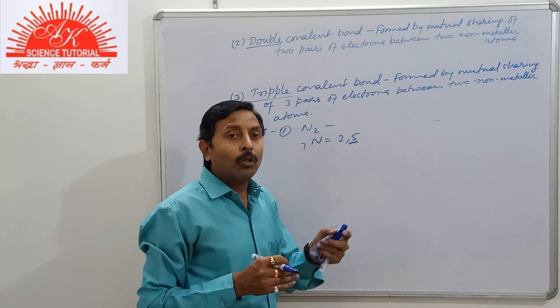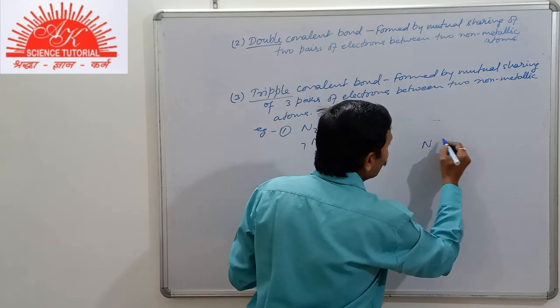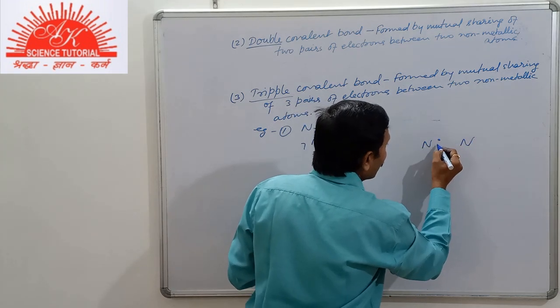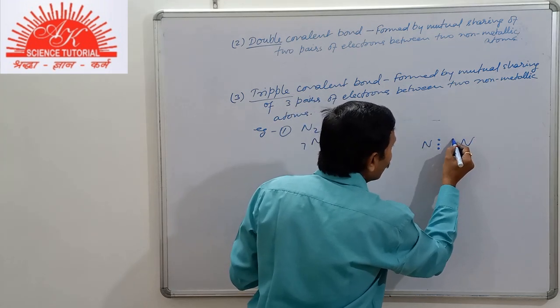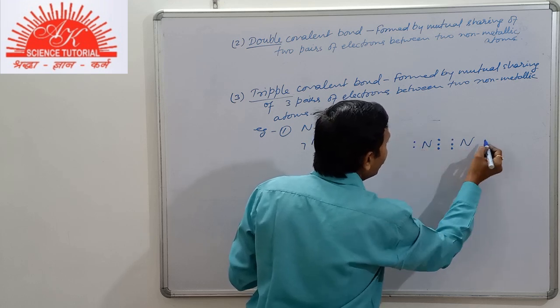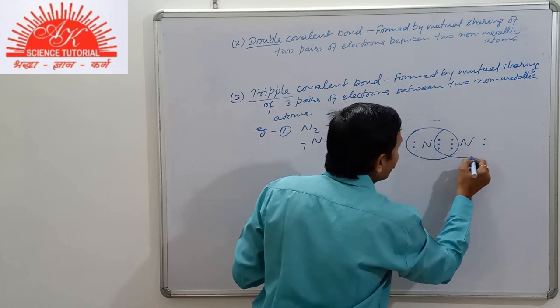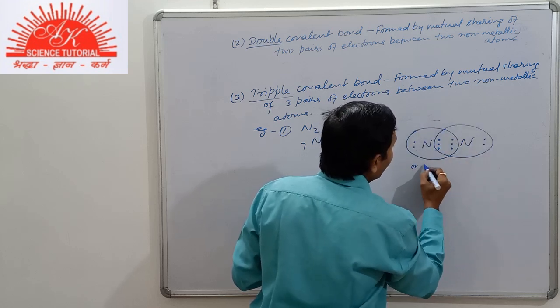Another nitrogen atom will also require 3 electrons. So, between the two nitrogen atoms, 3 pairs of electrons are shared. Means 3 electrons are contributed by each nitrogen atom, and hence a triple covalent bond is formed.